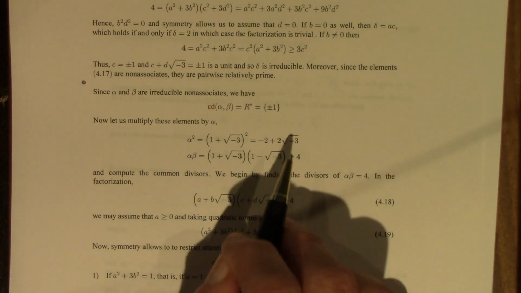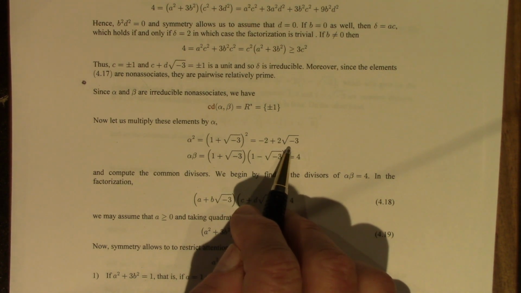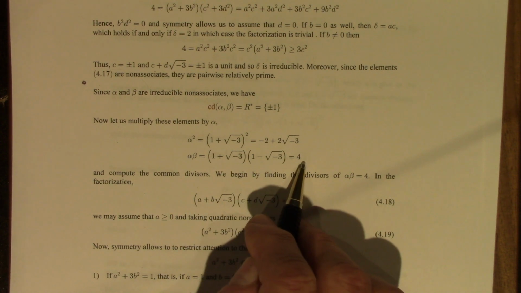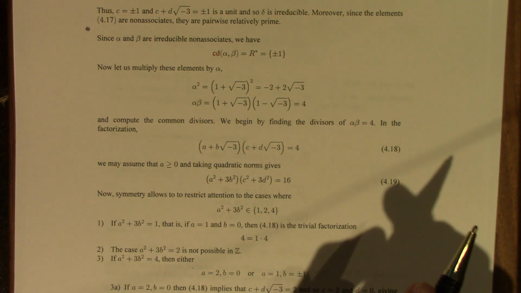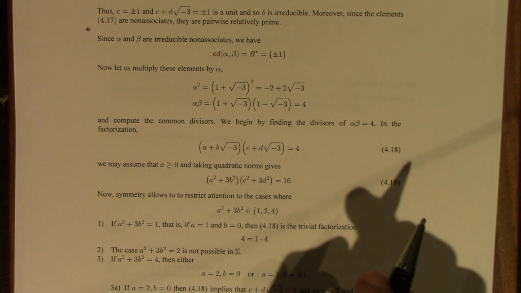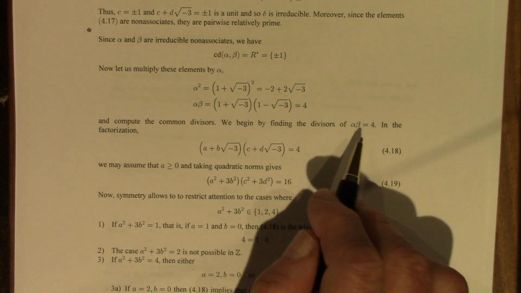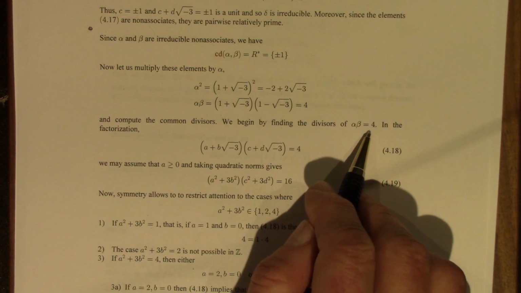Alpha squared is equal to negative 2 plus 2 square root negative 3. Alpha beta is equal to this product, which is 4. And so now let's compute the common divisors of these two elements, alpha squared and alpha beta. The first step, one approach anyway, is to find the divisors of alpha beta, which is 4.